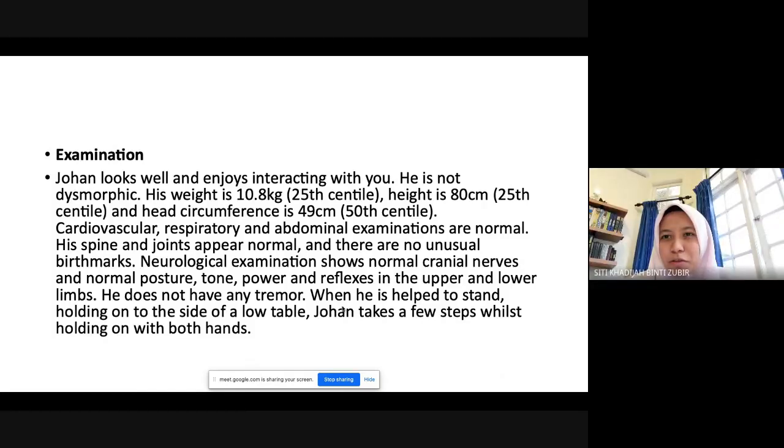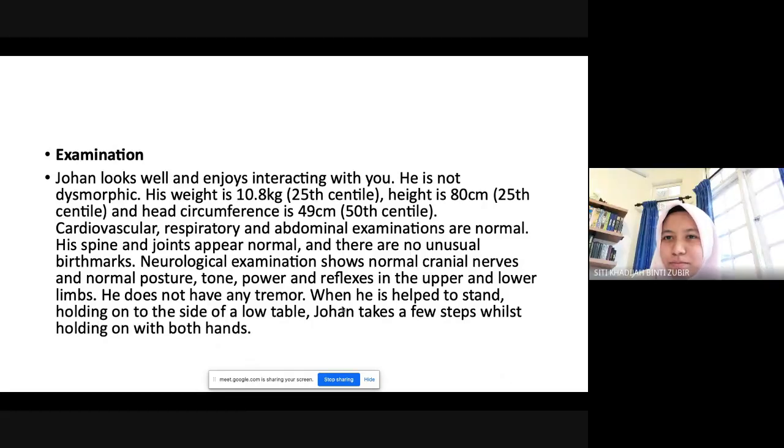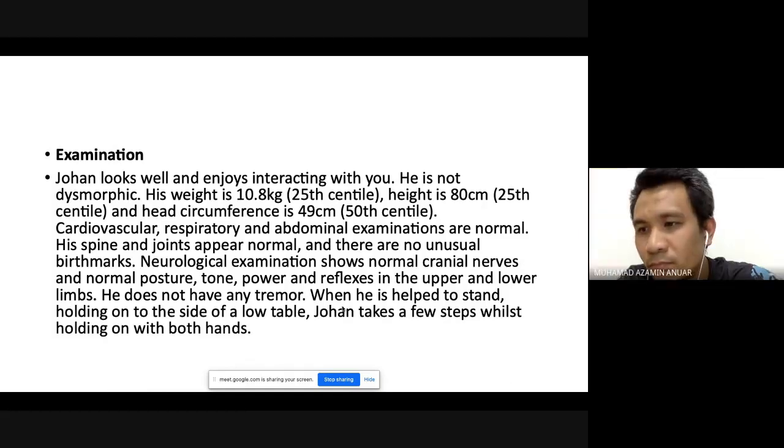For myotonic dystrophy, I'm not sure about the test, but we can ask the child to stand up to look the way of any Gower sign. Okay, so how are you going to ask the child to do a Gower sign for you?